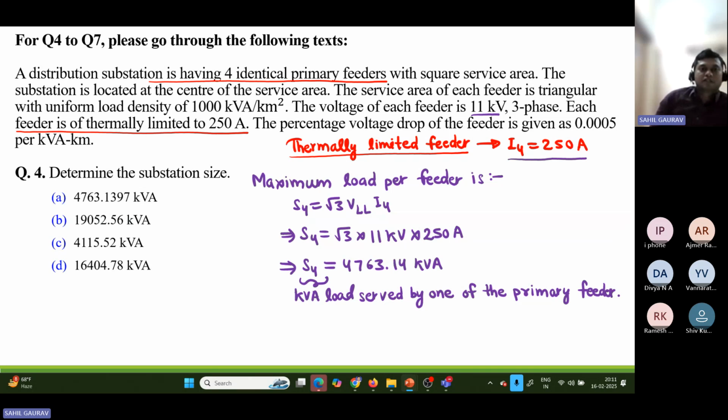Now they are asking about the substation size. I am giving a hint that in this substation we have 4 primary feeders. So what should be the substation size?